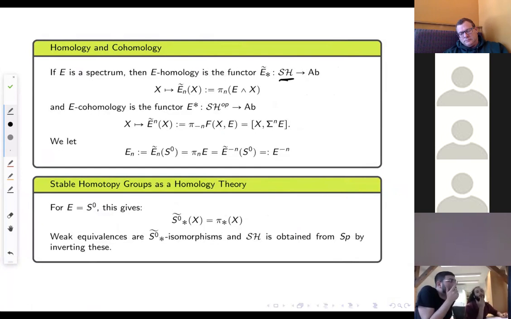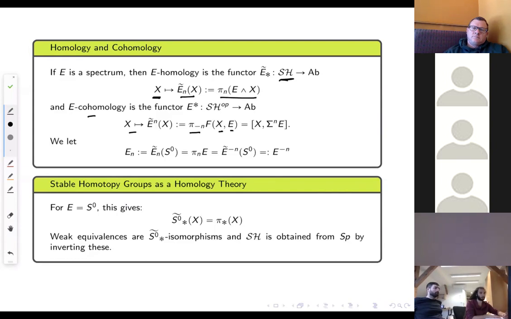The homology is, you take X and send it to the nth homotopy group of E smash X. For cohomology, you take X and send it to the minus nth homotopy group of functions from X to E. There's a clear duality, or dichotomy, between these two things.